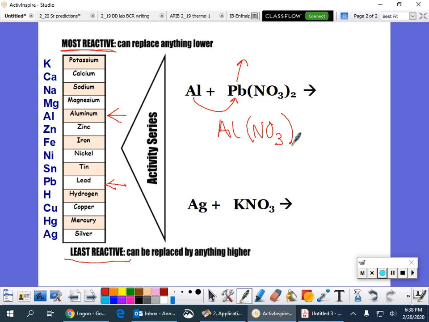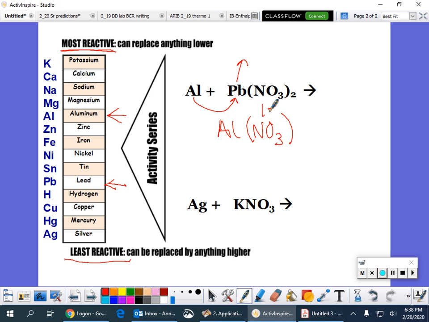Now I'm sort of prematurely putting these parentheses here, and that's to remind you that NO3 is a polyatomic ion. The nitrogen and 3 oxygens are covalently bonded together, and together they have a charge of -1 as a single ion, as one NO3 ion.